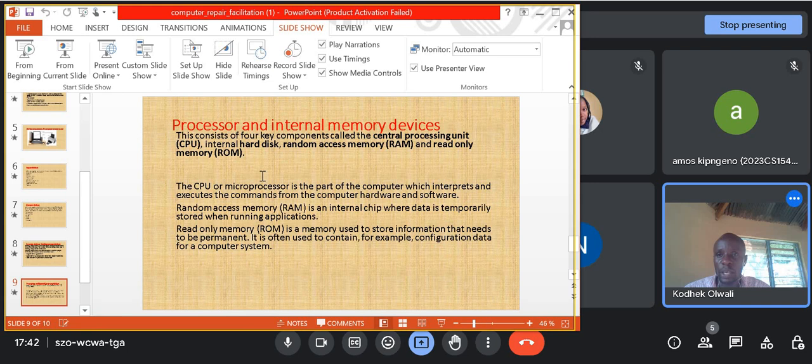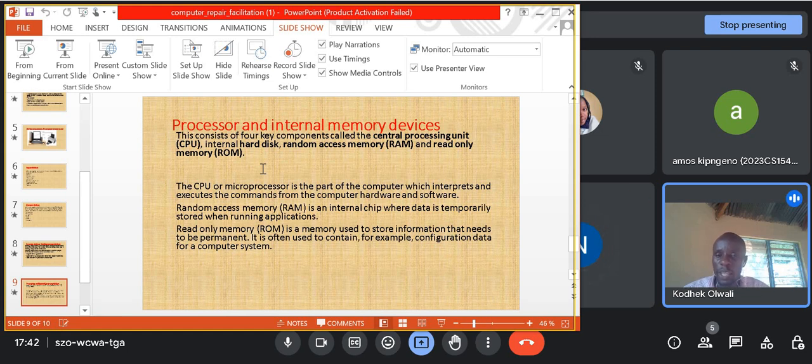And lastly, but not least, we have the processor and internal memory devices. They consist of the central processing unit, which is the CPU, internal hard disk, random access memory, and read-only memory, which is the ROM. The CPU is the part of the computer which interprets data and executes commands from the computer hardware and software. So the CPU is like the brain or the engine.